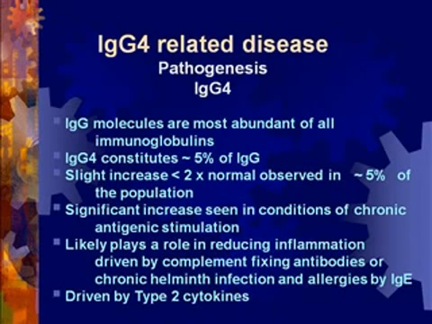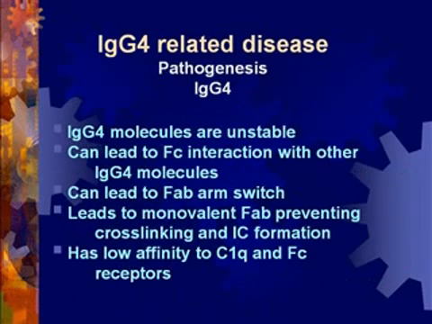It can lead to Fc interaction with other IgG4 molecules and can lead to what is called a Fab arm switch, and I'll show that on the next slide. This leads to a monovalent Fab preventing cross-linking with other immunoglobulins and immune complex formation. It also has very low affinity for C1q and Fc receptors.